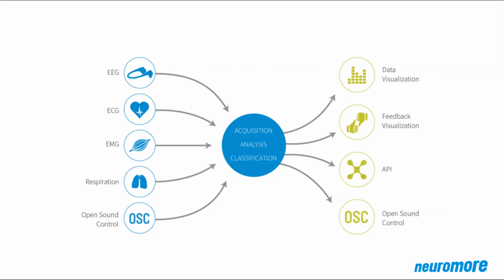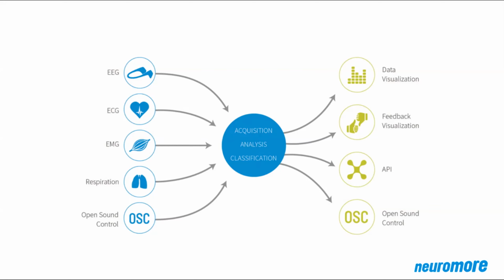And over the course of the creation of our platform, we also added other modalities like ECG, EMG, respiration, and we have Open Sound Control. We use Open Sound Control as an open network protocol to stream data in. But now, us being open source, you can imagine that everyone can integrate whatever is needed.